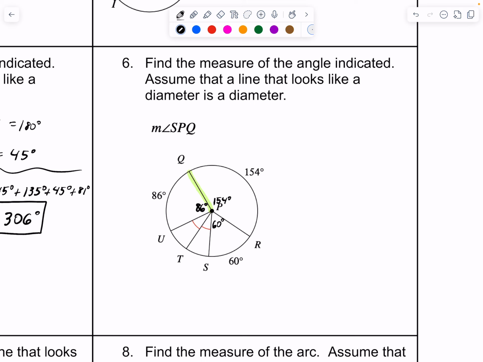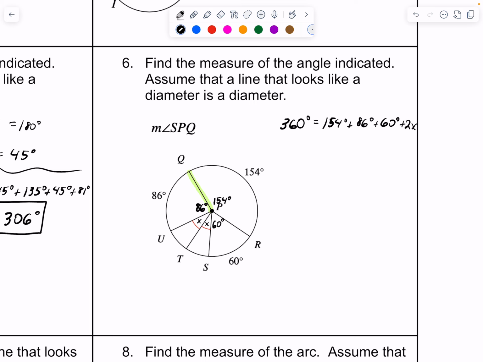And as we said, all the way around is 360 degrees. So that's going to be equal to 154 plus 86 plus 60, and then plus, I'm just going to label these x, so that would be 2x because they are the same.